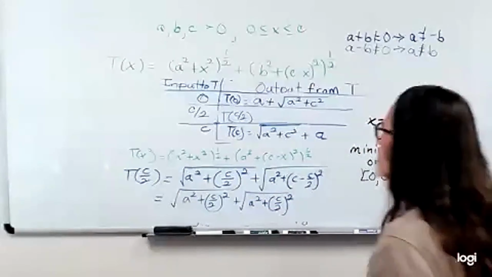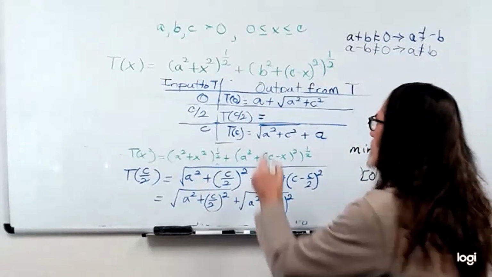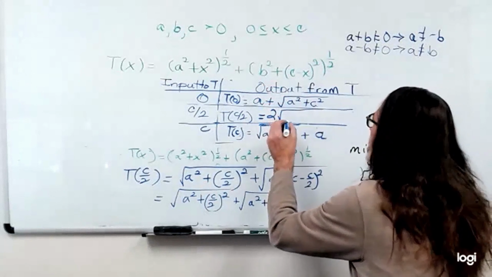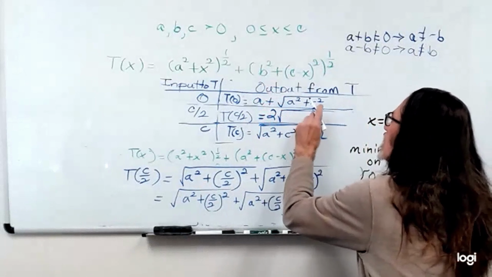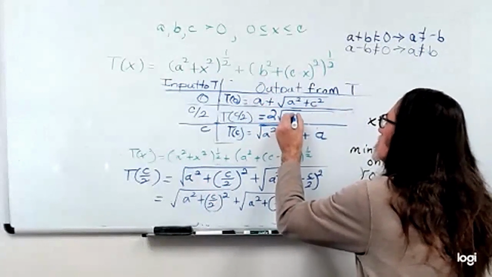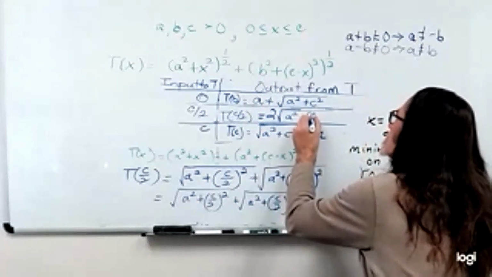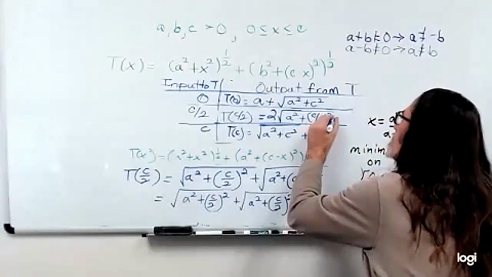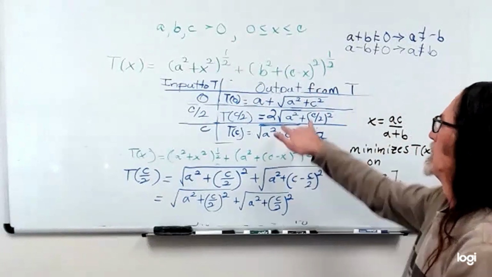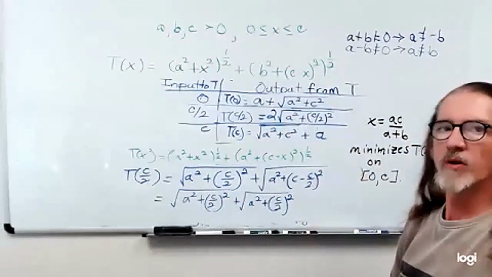In other words, we've got the same thing under both square roots, so 2 times that. So comparing what we have at the critical value to the endpoint, same thing at either endpoint actually.